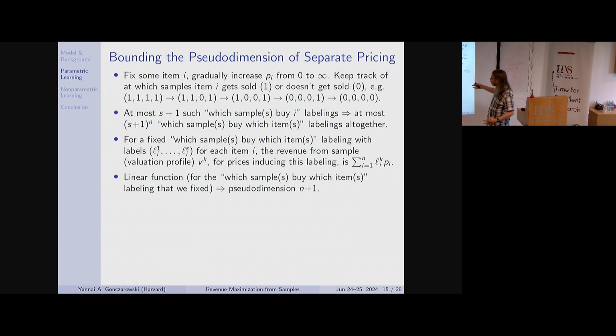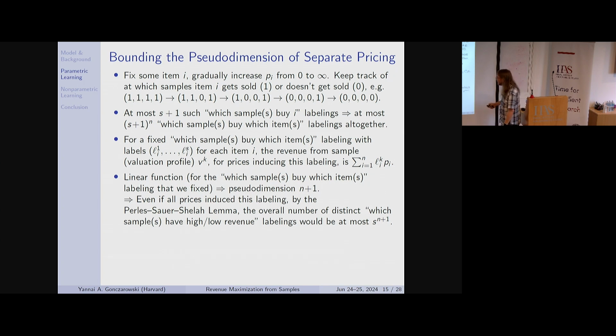So if we started with valuations actually being labeled like this, and we thought about our samples as samples of these, this pseudo-dimension would have been n plus 1, because I told you earlier that a linear function has pseudo-dimension n plus 1. So this means that even if all the prices induce these labelings, and here I'm going to appeal to a very strong lemma by Perlis, Sawel, and Shelach that asks the following question.